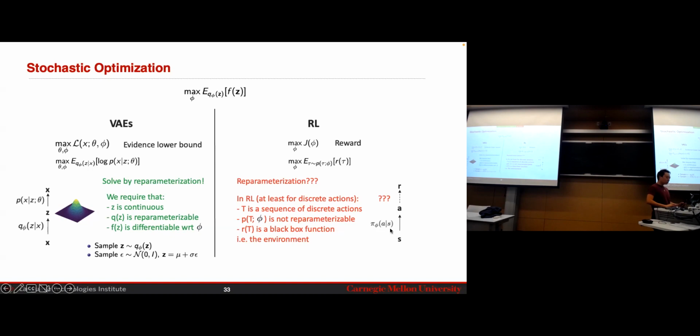So you have your states going to actions which define your trajectories. That's going to be discrete, and then the actions and trajectories going to the reward function is also some black box. So you don't actually know what that is. So you also can't backpropagate through that step. So that's why we looked at REINFORCE. REINFORCE was a general purpose solution for solving these stochastic optimization problems under these constraints. But in a simpler case, and with the assumptions that we have for VAE, you can solve it using reparameterization.